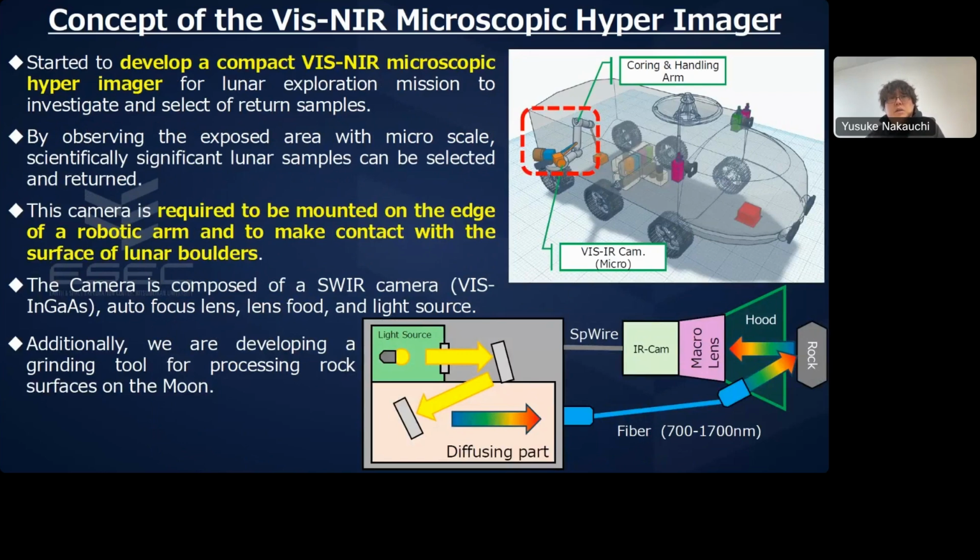So we started to develop a compact Vis-NIR microscopic hyperimager for lunar exploration missions to investigate and select lunar samples. By observing the exposed area of the lunar boulders at micron scale, scientifically significant lunar samples can be selected and returned.